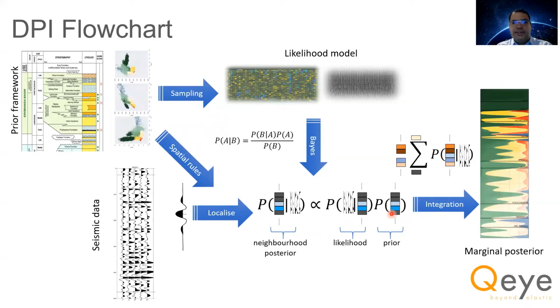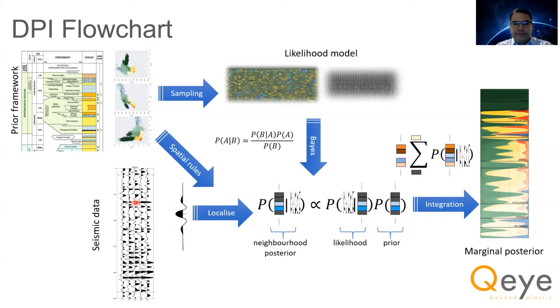Now, here's just a flow chart illustrating how all this information is integrated. So here we have our prior framework. We're going to sample this prior framework very heavily so that we will get a very large number of possible facies configurations. And here at the bottom, we have our input seismic data. So we are going to extract wavelets out of this seismic data, and we're going to use those wavelets to basically localize our problem.